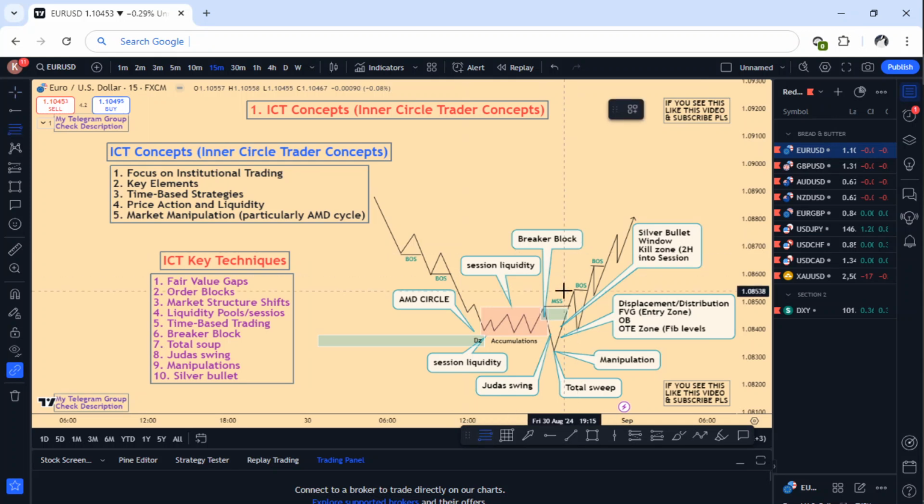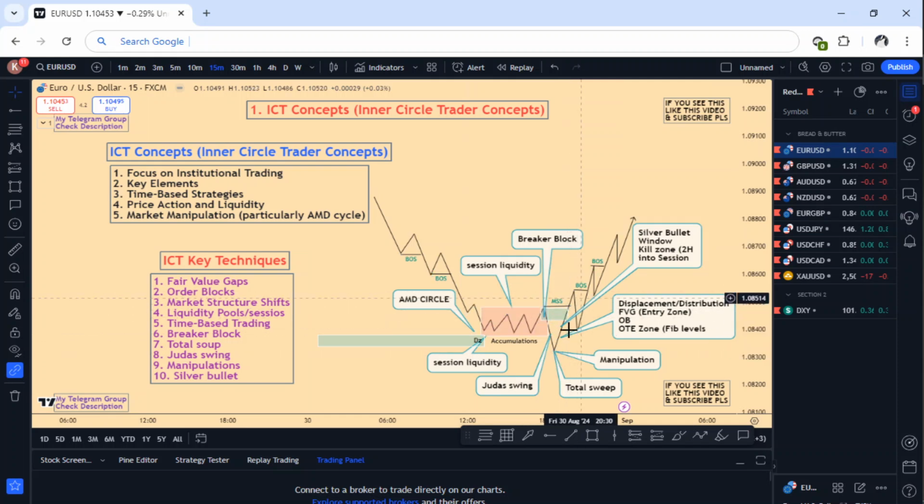It means they'll go to fib levels and find the 50%, the 61% somewhere here, using optimum trade entries. Then the market will displace upward, causing breaks of structure, loading more orders as they move.